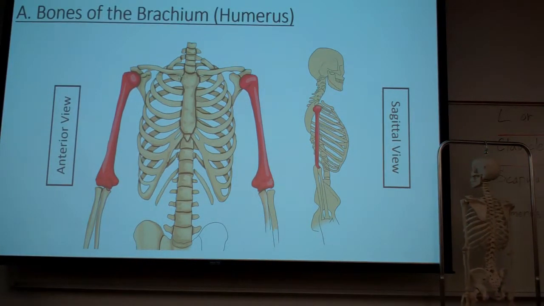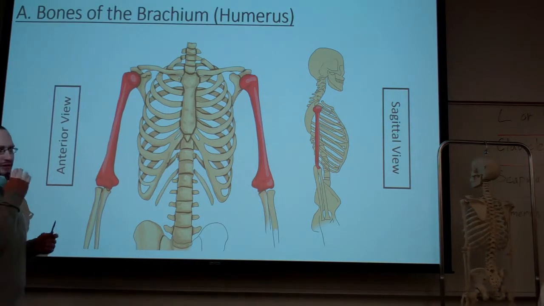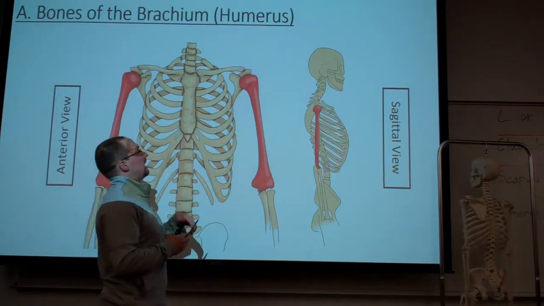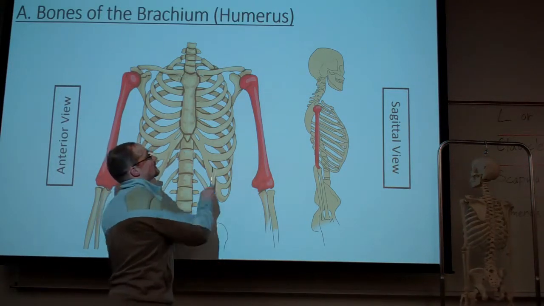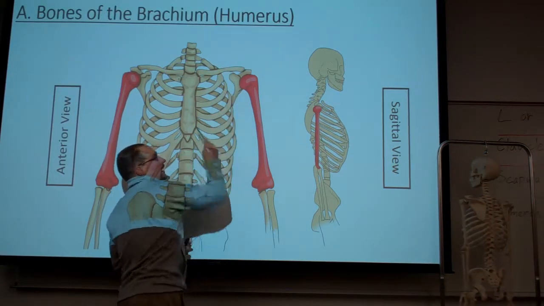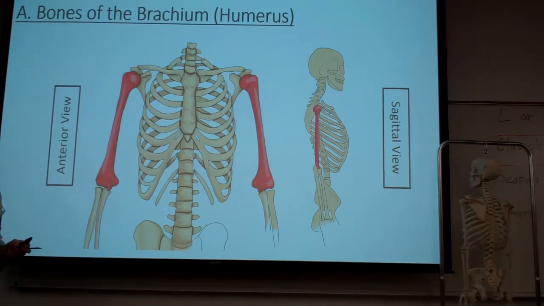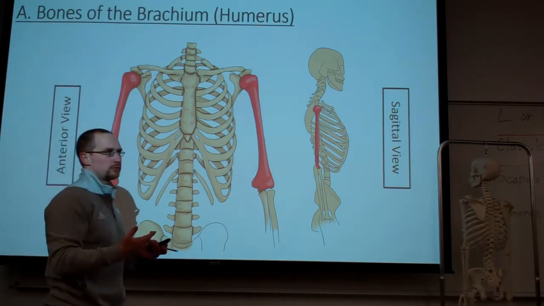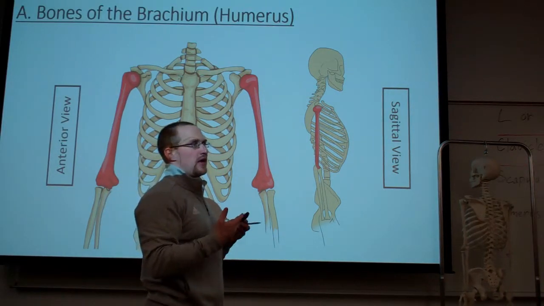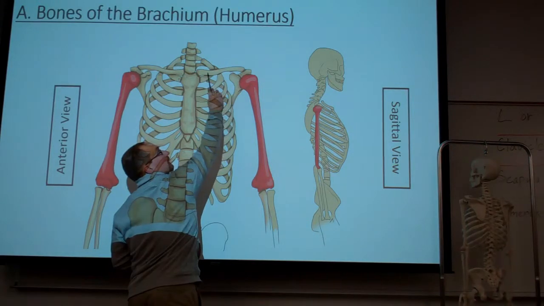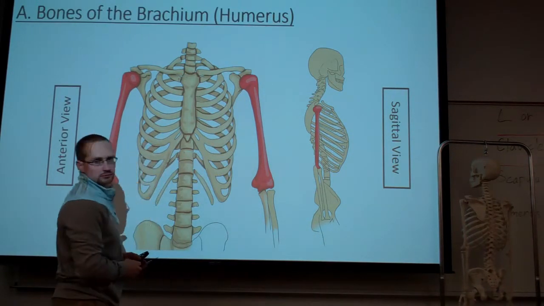Now, one thing I want to differentiate, going back to last unit: the scapula and the clavicle make up our shoulder girdle. So if you hear the term shoulder girdle, that's what we're thinking, the joints between the clavicle and your scapulas.